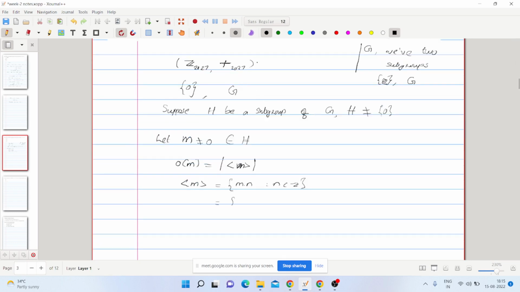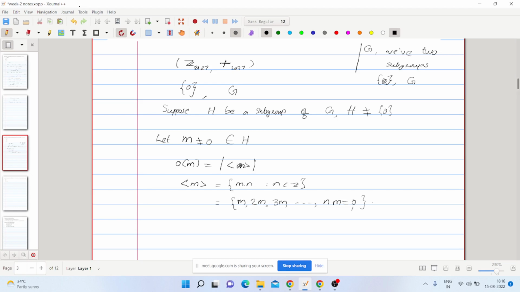So first we take m when n equals 1. When n equals 2 we get 2m, then 3m, etc. Finally it will reach some nm, and this nm will be equal to the identity 0.